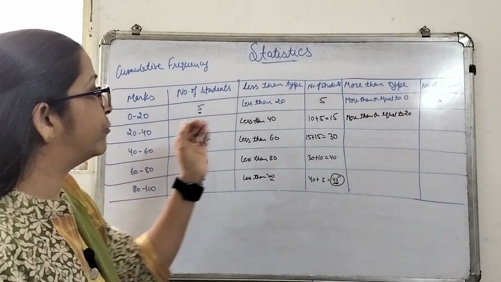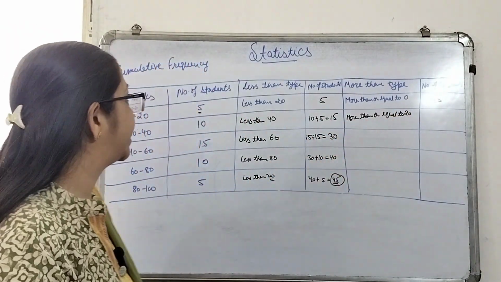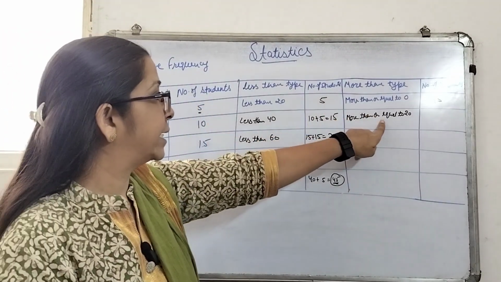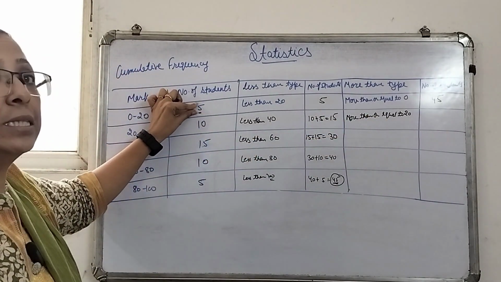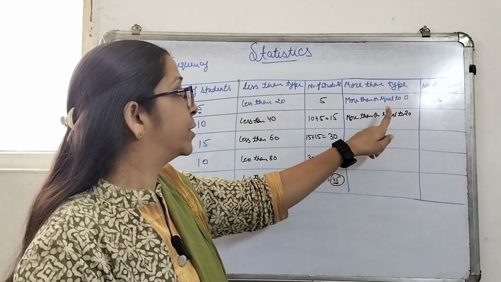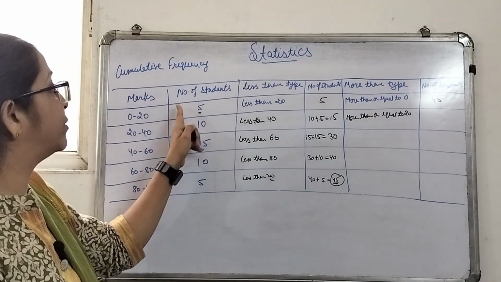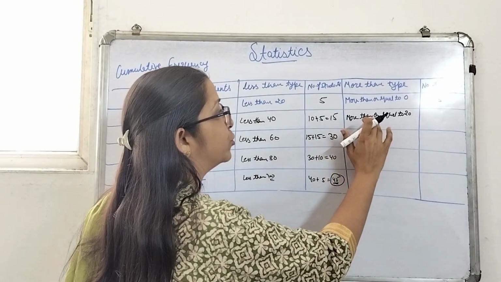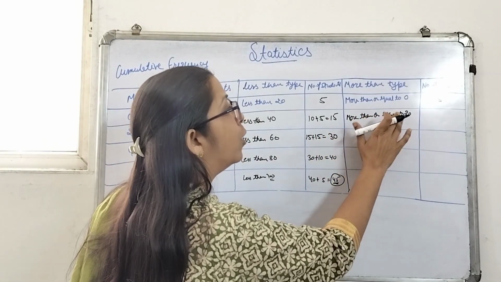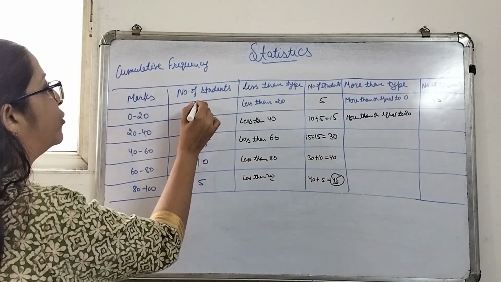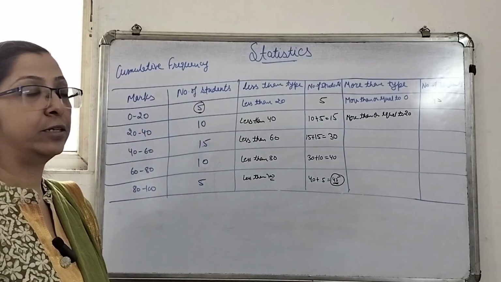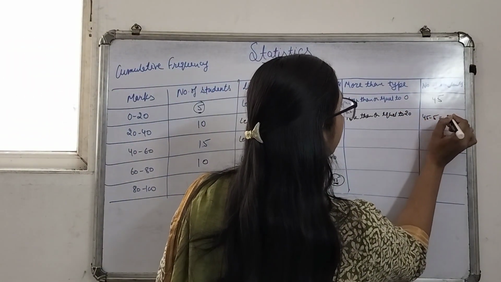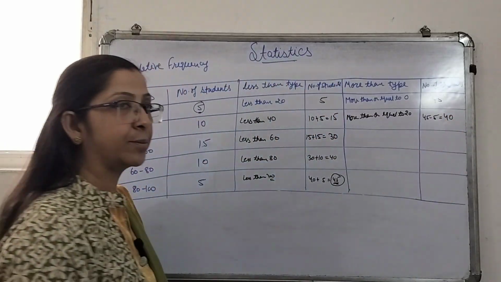So for more than or equal to 20, we will be subtracting this, because these students are the ones who have secured less than 20, right? So we will be subtracting this part from it. From 45, we will be subtracting 5 and we will be getting 40 students.